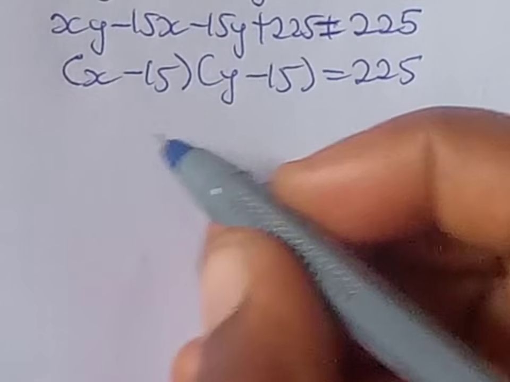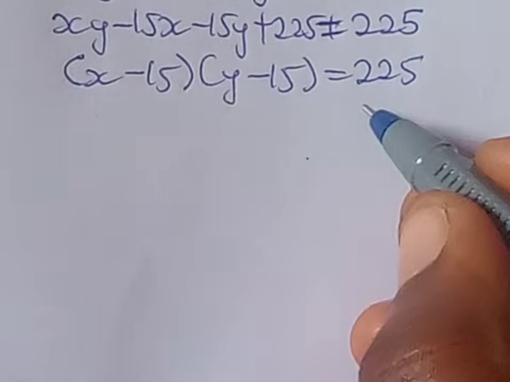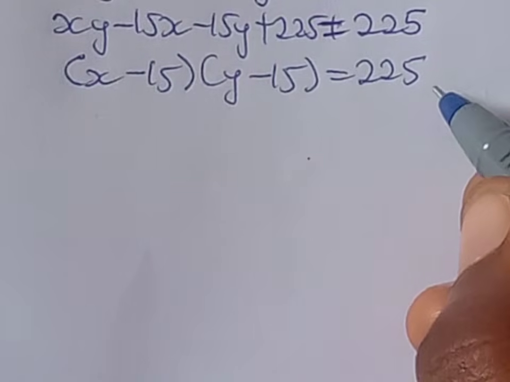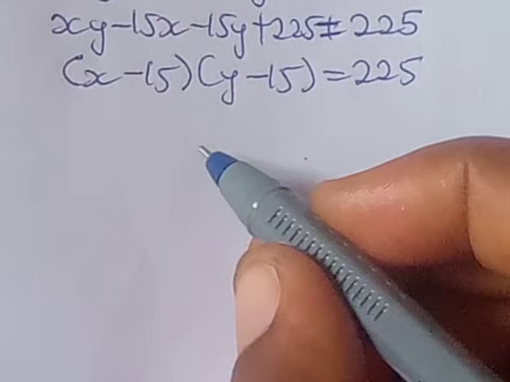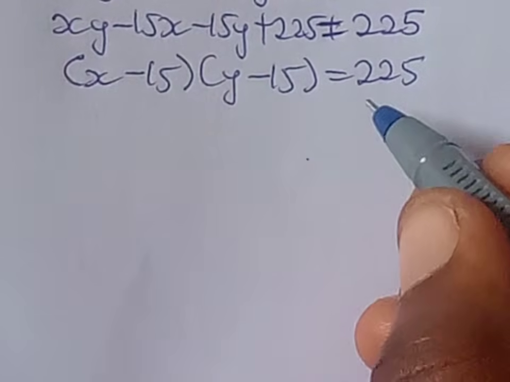Next thing now is finding the factor pairs of 225. Let's write all the positive factor pairs of 225.